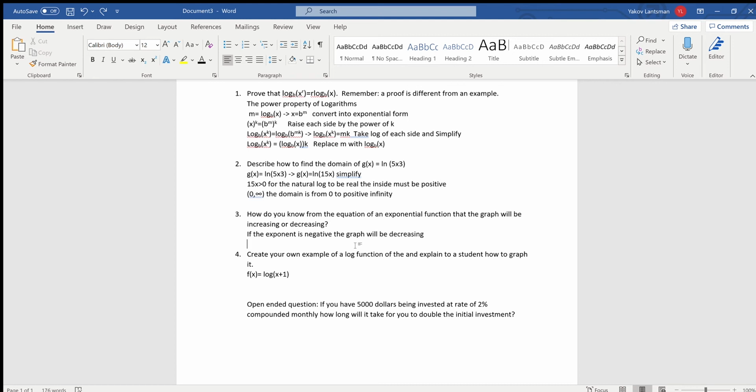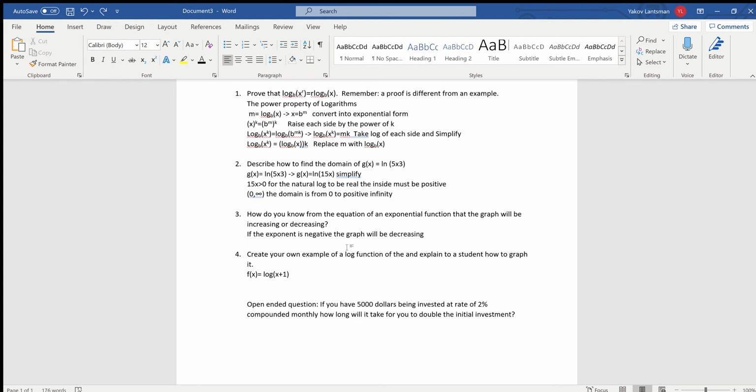Basically smaller and smaller numbers as that negative power decreases. So as the power becomes negative, your y values, or the output, will be smaller and smaller. And if you have a positive exponent, the values will be growing, increasing exponentially.